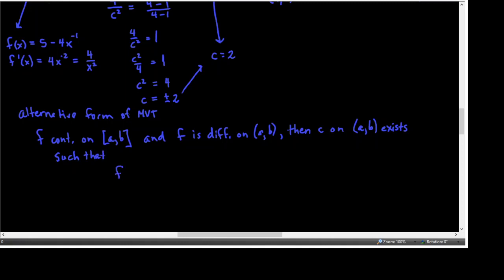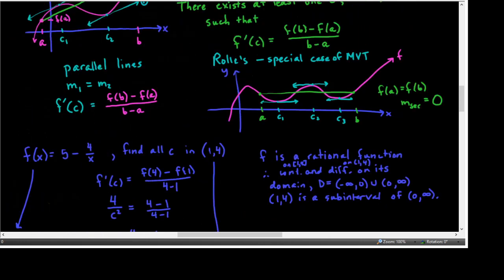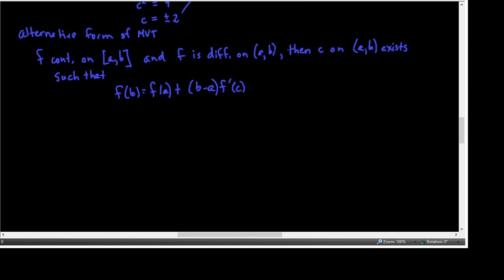That f of b equals f of a plus b minus a multiplied by f prime of c. So how did they get that? Well, if you start with the conclusion up here, that we have this conclusion right here, and we're writing an alternative form of it.